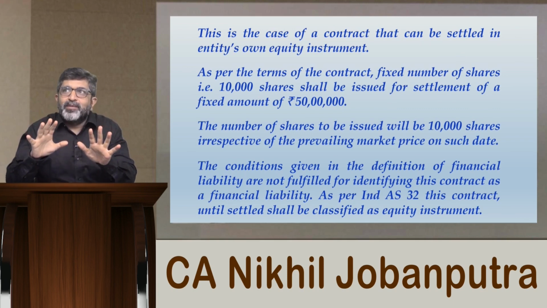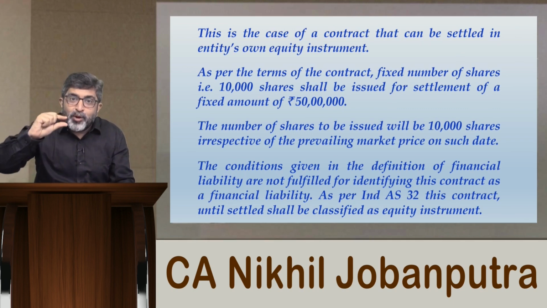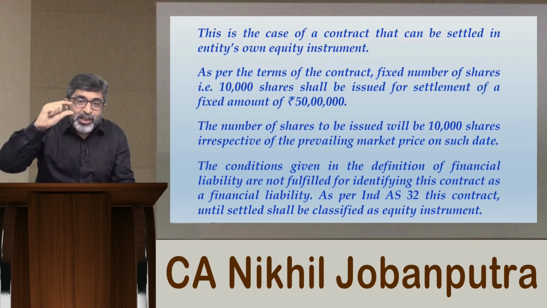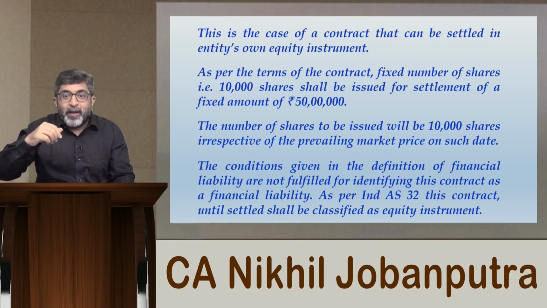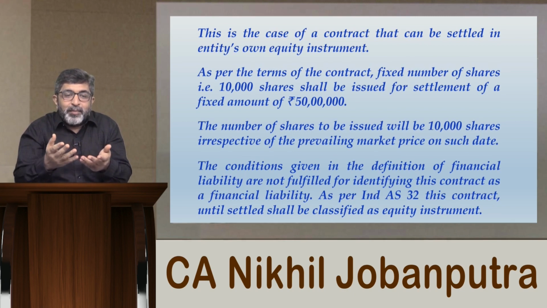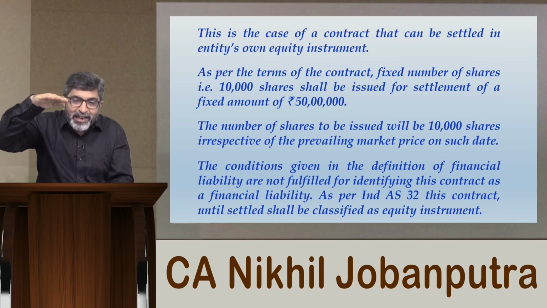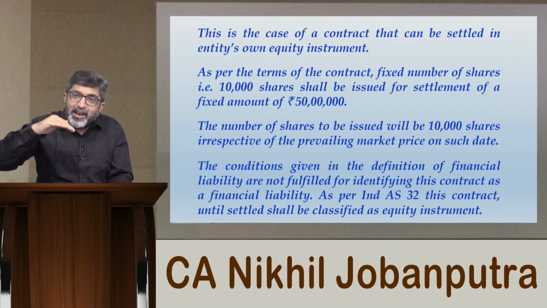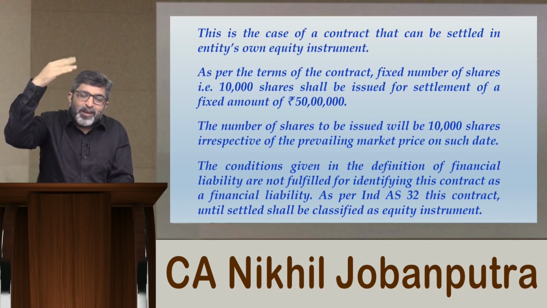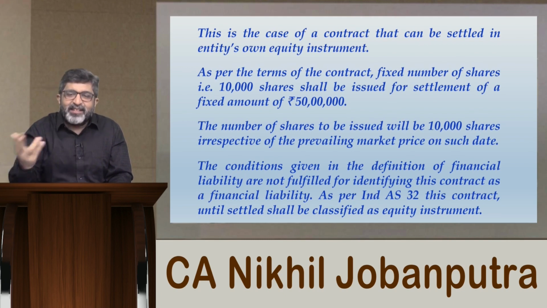But you know, the point was, where would be the presentation of A Limited and B Limited until settlement? Until settlement, A Limited in our examples would have been included along with financial liability. B Limited in our example would have been included along with equity. That is the point of difference.